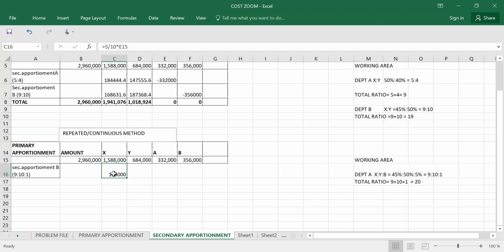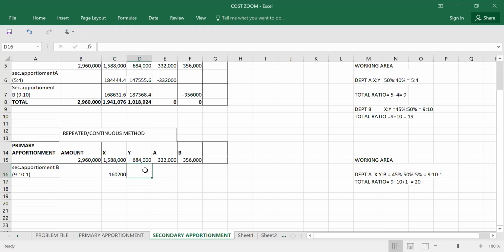We're saying it should equal 9 divided by our total ratio of 20, times the cost. It is B distributing first because it has the highest cost. All right, so that's how we come with that.